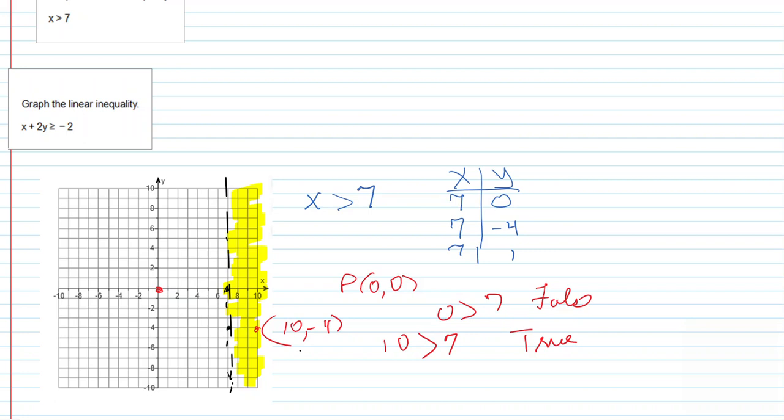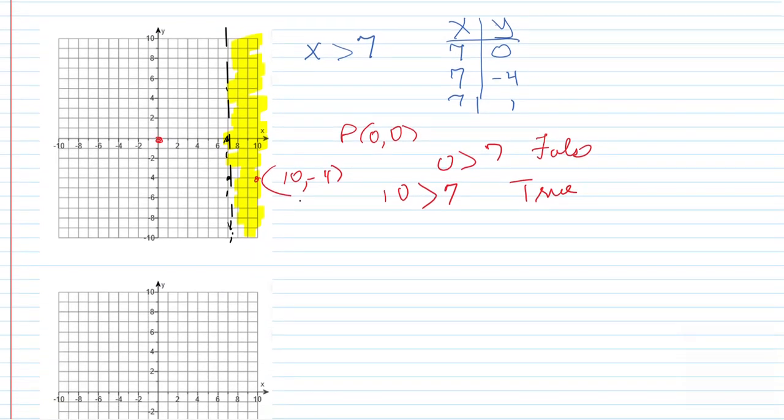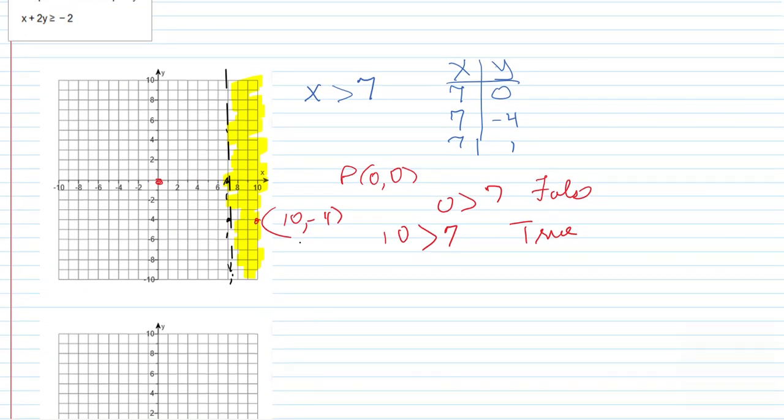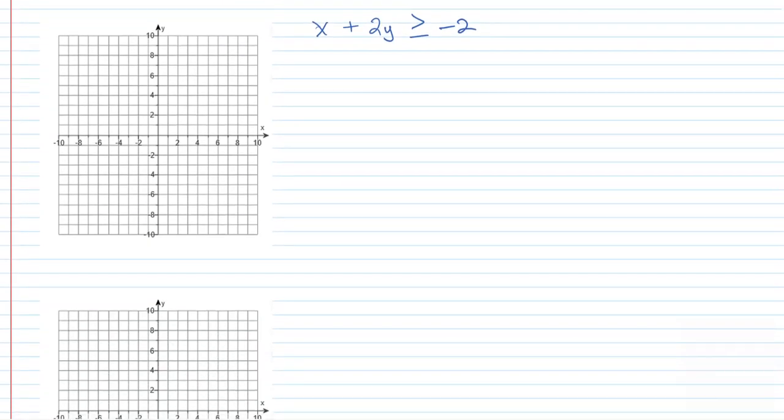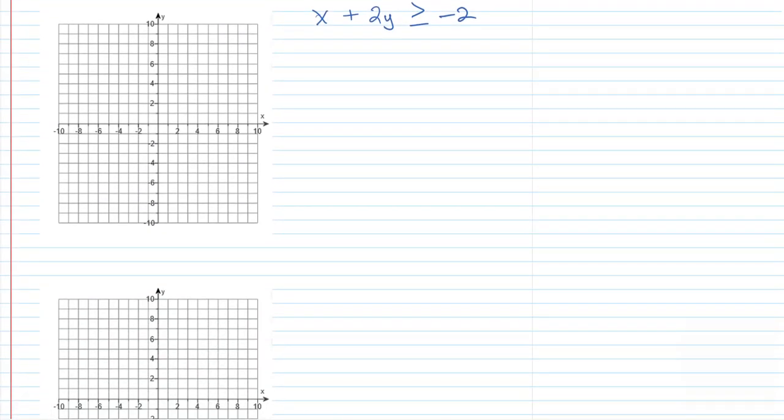So now we're going to graph another one that is equal to, and that is x plus 2y is greater than or equal to -2. All right. So let's see what happens here.